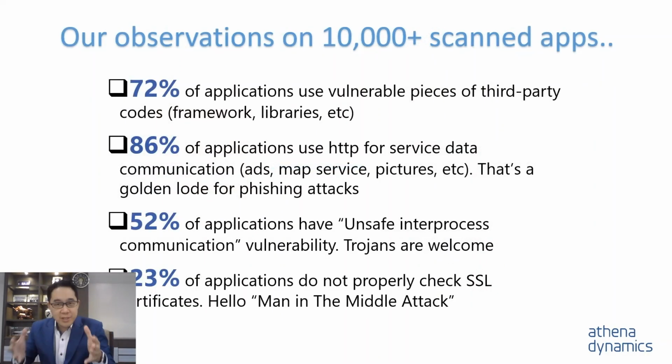Now, different companies have done research on how vulnerable the apps in, say, your iPhone today, like me, actually are. Interesting stats. 70% of them use vulnerable pieces of third-party code. Almost 90% of them use HTTP for service data communication, which is a huge area that leaves them open to phishing attacks. And 20% of applications do not properly check SSL certificates at all, leaving you open to man-in-the-middle attacks.